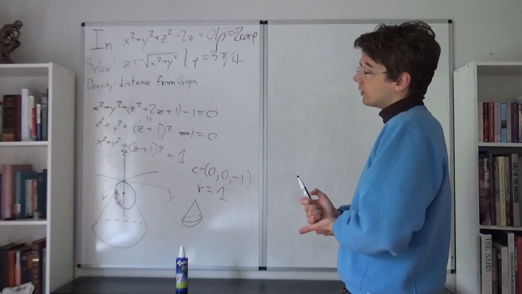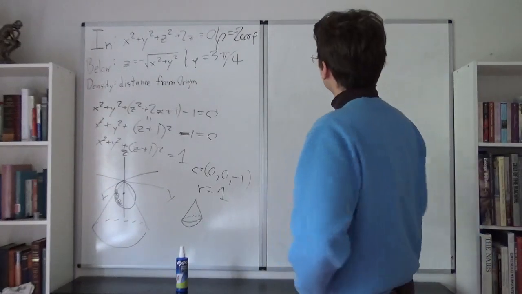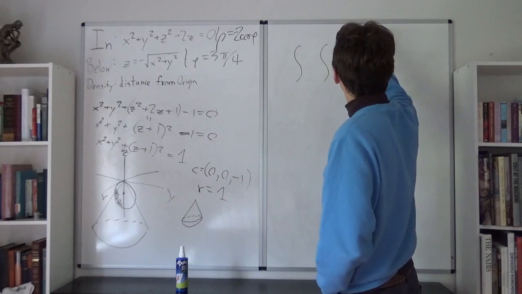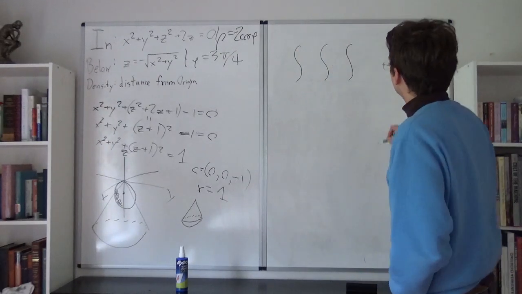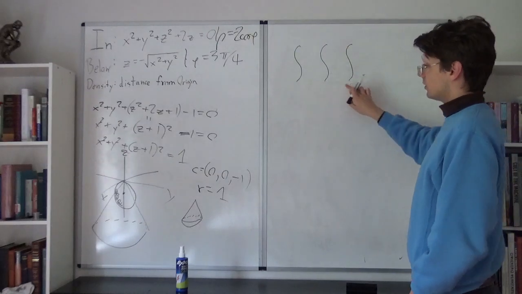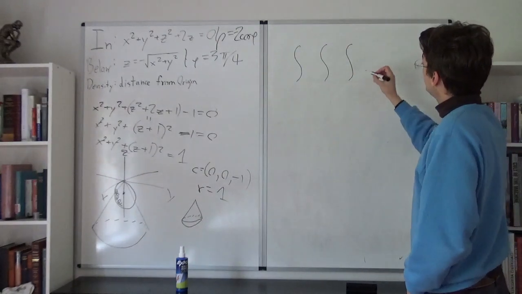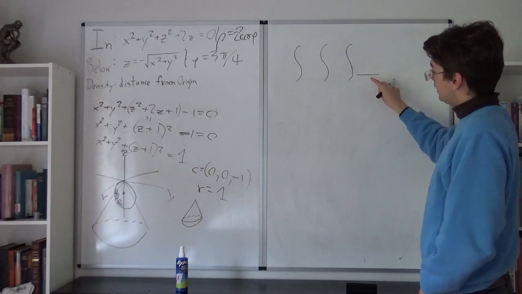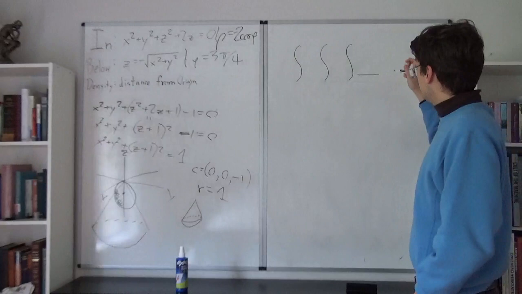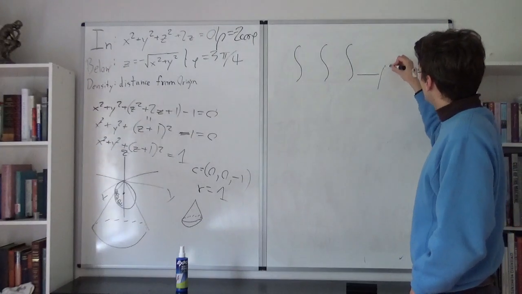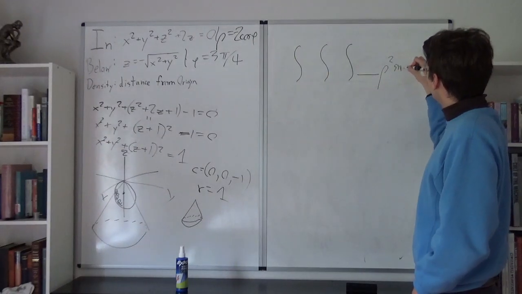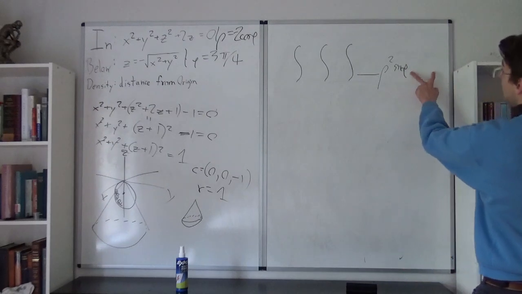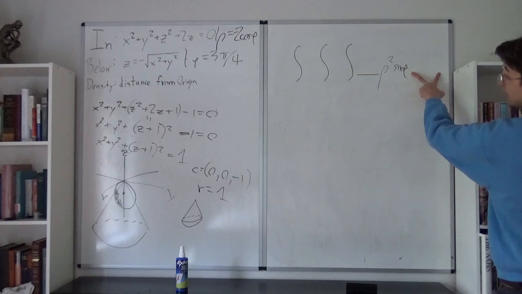Now, let's figure out the actual integral, okay? So let's set this guy up. Alright, so here are my 3 integrals. I'm going to leave this blank for a second, this is where my integrand's going to go. Since I'm in spherical, I'm always going to throw in that rho squared sine phi, okay? And then I'm going to have my d's here.